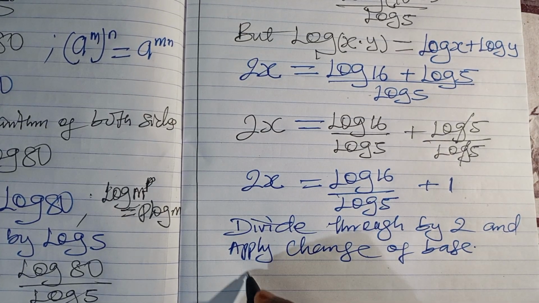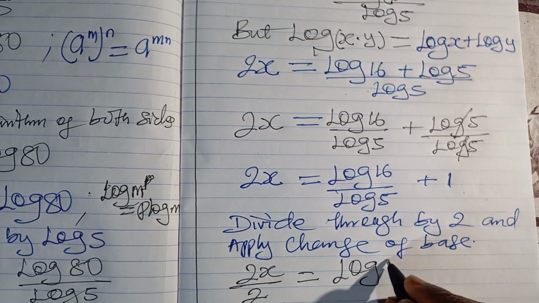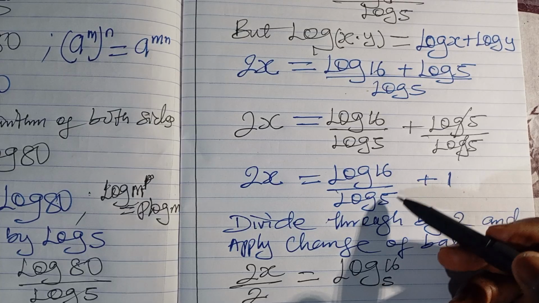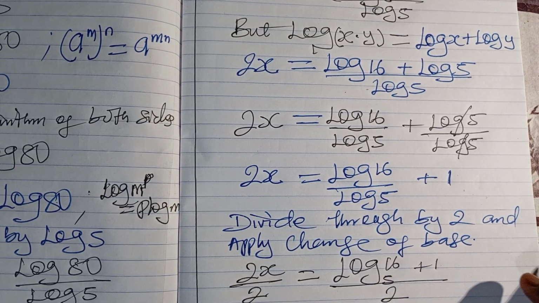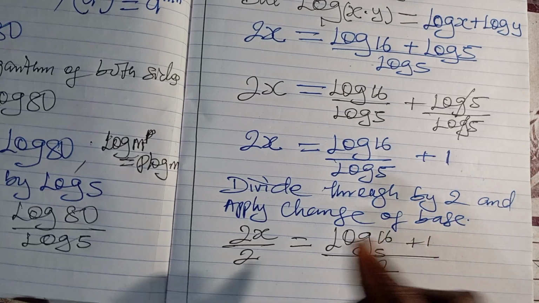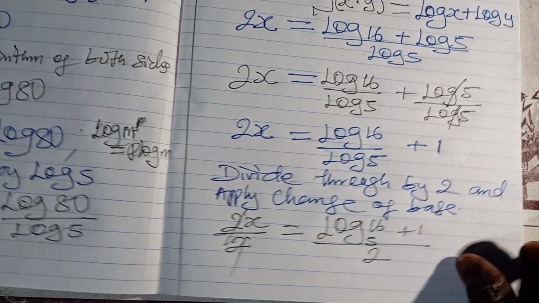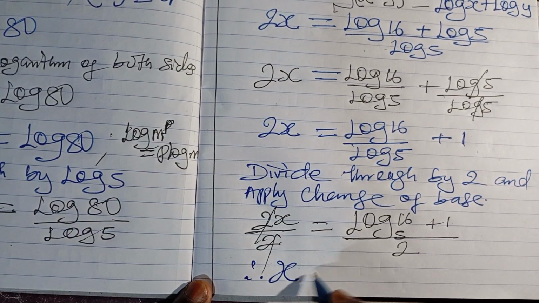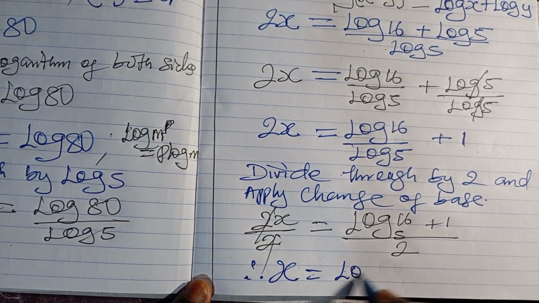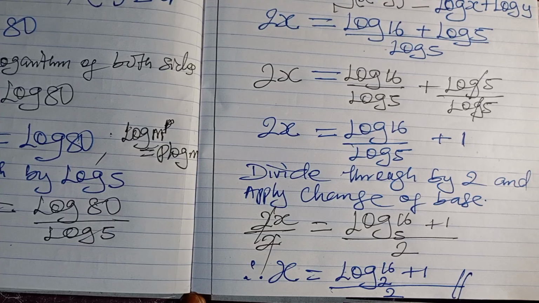So we can have 2x divided by 2 is equal to log 16 base 5, when you apply change of base, plus 1, all divided by 2. The final answer for x: so this 2 can now cancel. We have therefore x is equal to log 16 base 5 plus 1, all divided by 2, is the value of x.